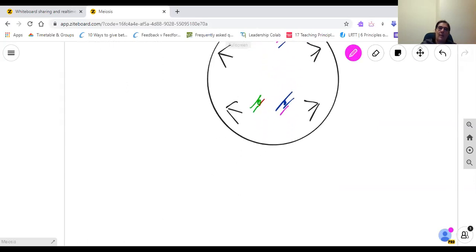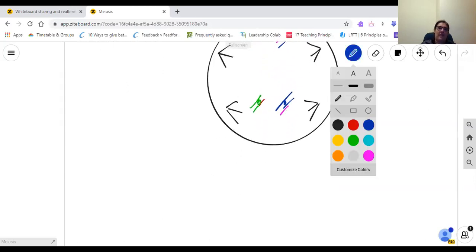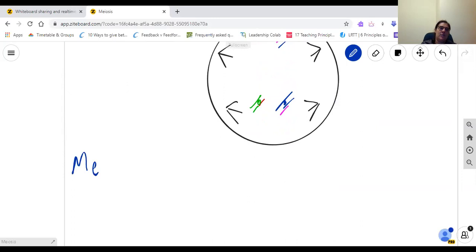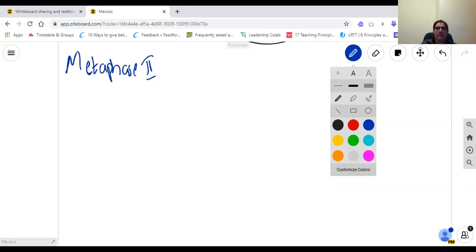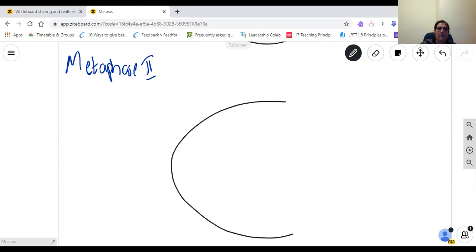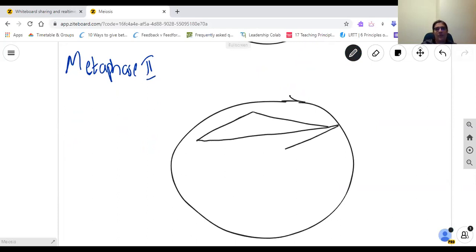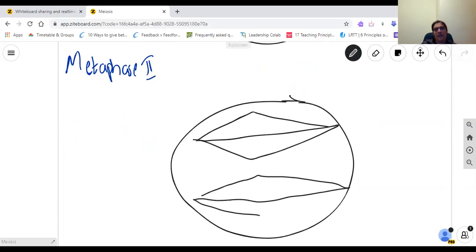So what will happen in metaphase two? Well, metaphase two will seem to be very similar to something we've met before, because let's look at what happens in metaphase two. We have our spindles completely forming over here.